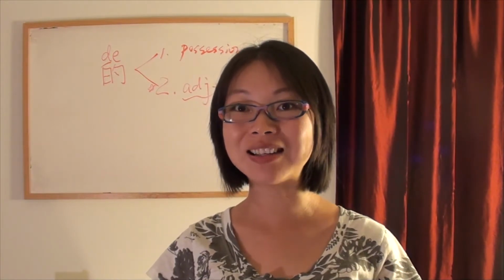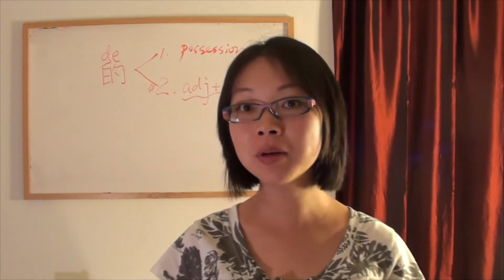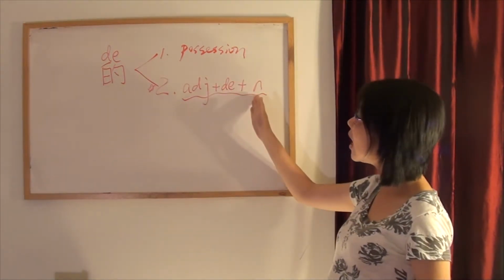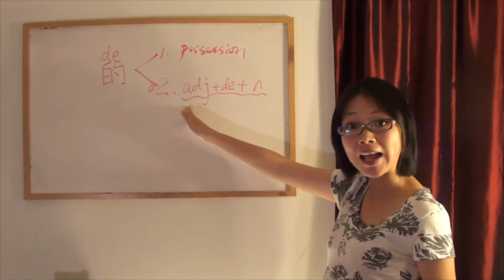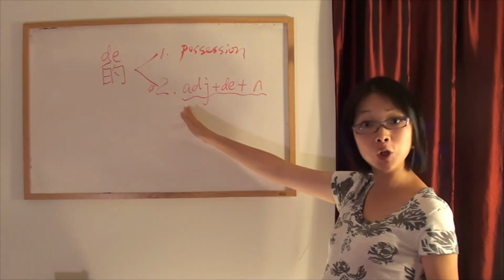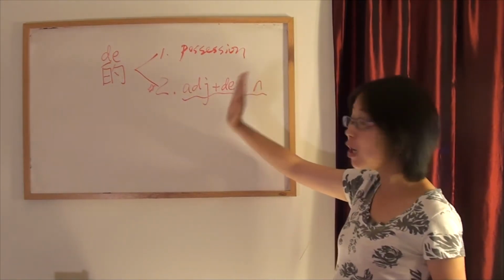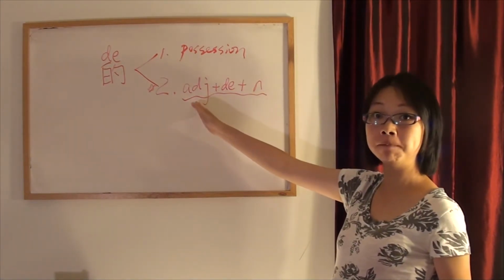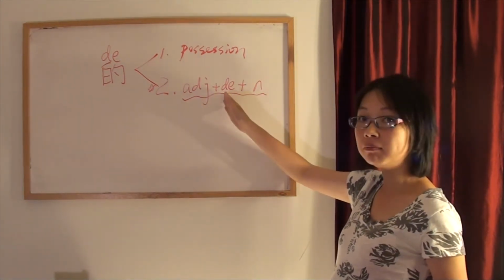Can I say, 那个女孩漂亮的? No, you don't need it. So why? Because there's no noun after beautiful, after that adjective. You got it? So if there's no noun following the adjective, do you need 的? No.